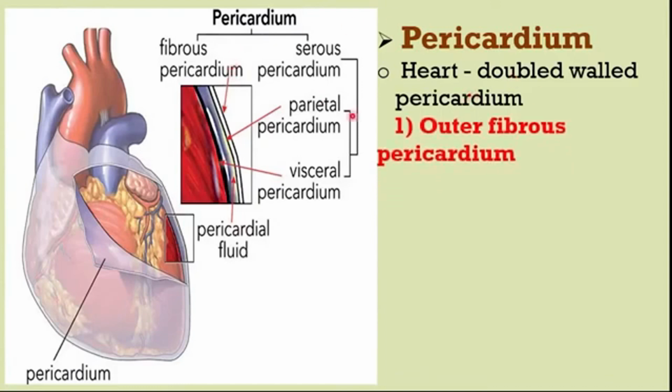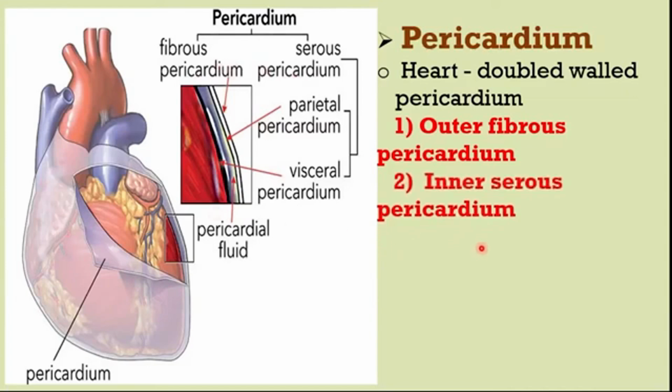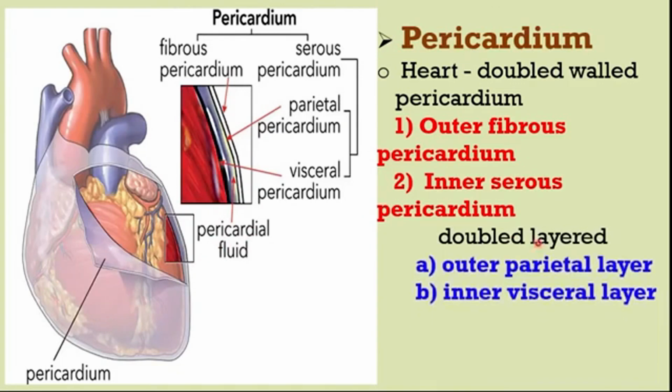They are outer fibrous pericardium, this is the outer layer, and the next one is inner serous pericardium. The serous pericardium is again two-layered. The two layers are outer parietal layer and inner visceral layer.